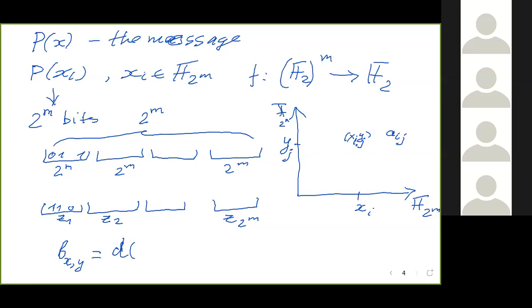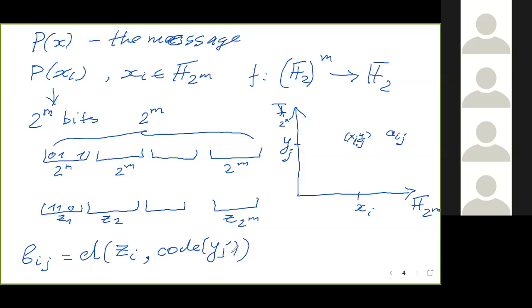First of all, consider the number Bij, which is the Hamming distance between Zi, what we receive through our channel, so this is a 2 to the m bit sequence, and the code of Yj. We just compare what we receive with the code word of Yj.